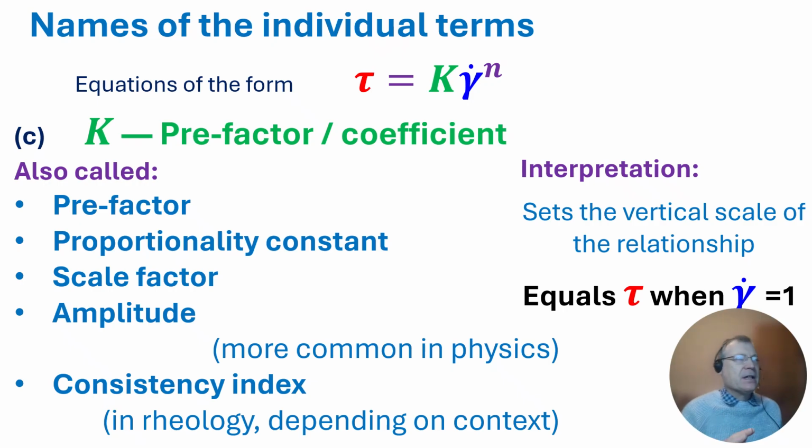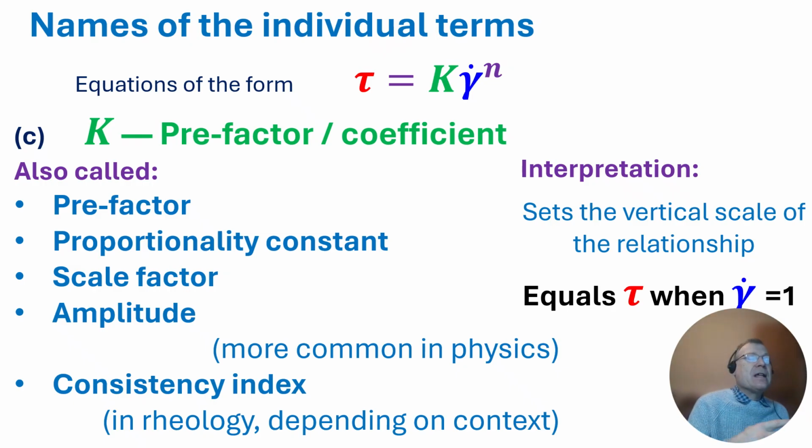In this particular slide, I'm going through some of the other terms in this power law equation, and we've got our green K, or prefactor coefficient. When we have an n value, or indices value, equal to 1, that will be the viscosity.